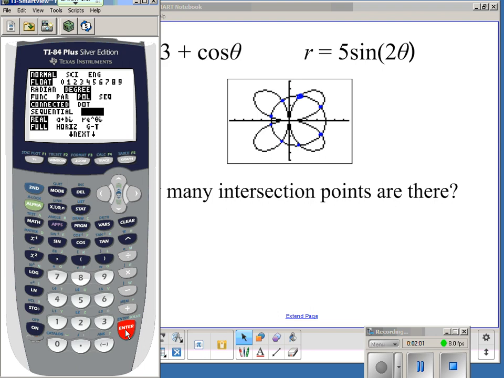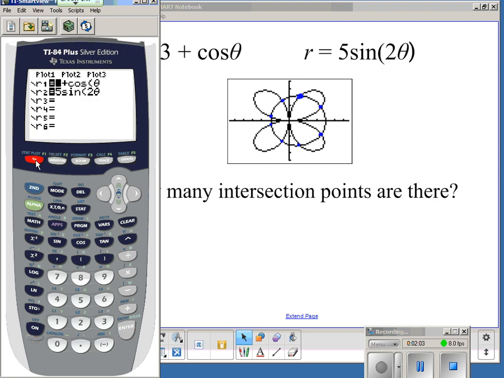So here we go. If I select the ball, it makes it much easier to see the path as they're going. So here we go. And there they're going. So that's an actual intersection. There's another one. So in the first quadrant we had 2.